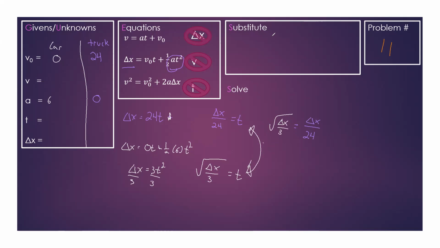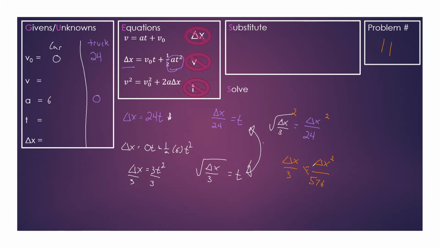And now I can go ahead and cross multiply. First thing I'm going to do is square both sides. So I'm going to get delta x over 3 equals delta x squared over 24 squared, which is 576.